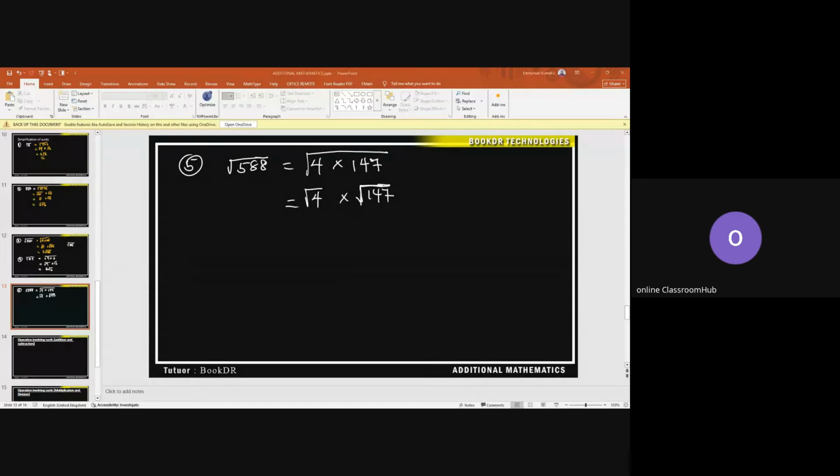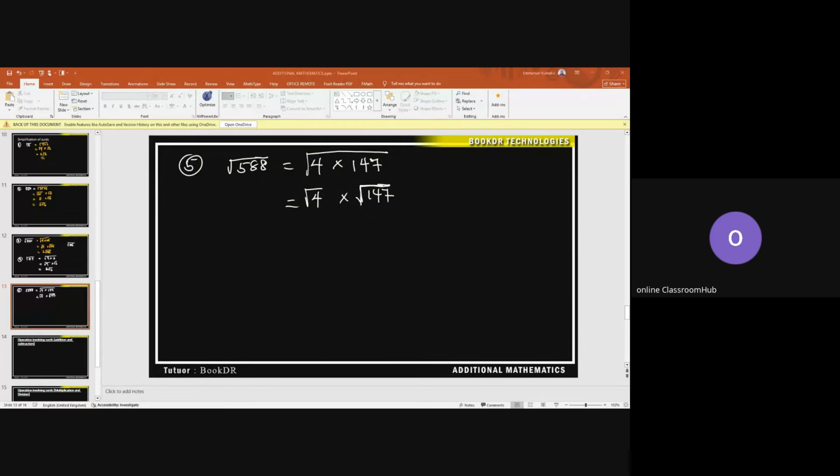Okay, so the 147 can also be broken down. It has a factor which is a perfect square. Let's break the 147 down.